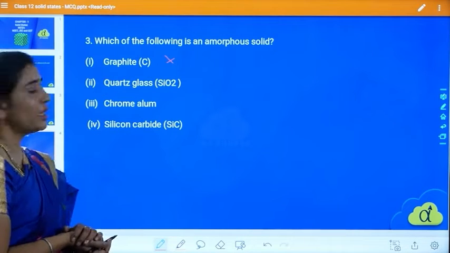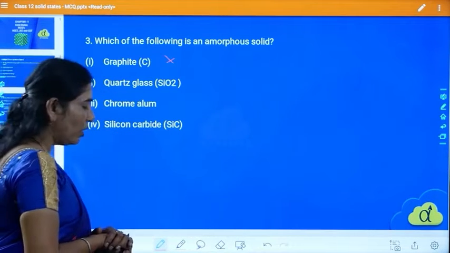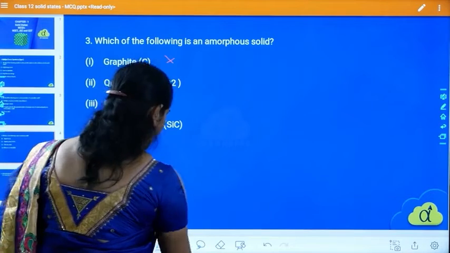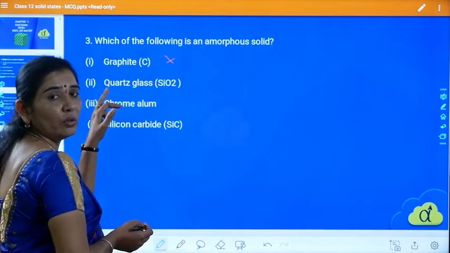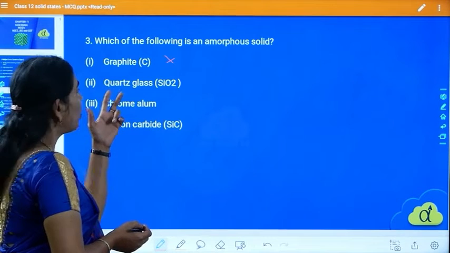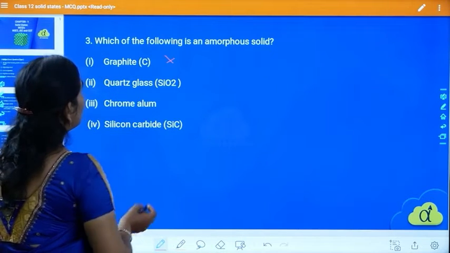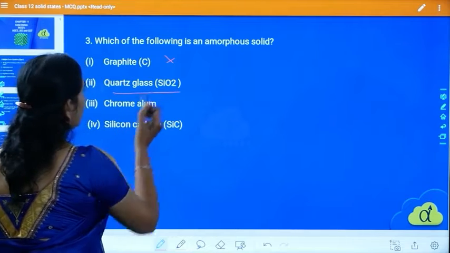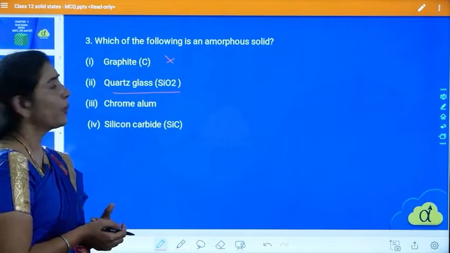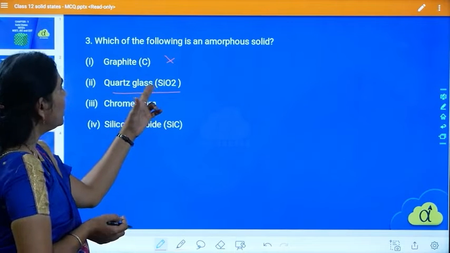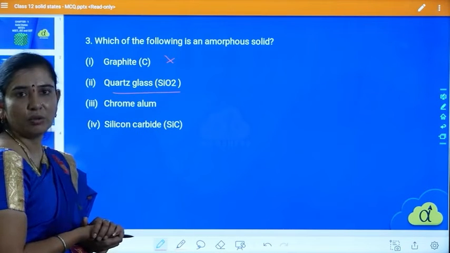Then quartz, SiO2. So what is your answer? SiO2, silicon dioxide. You know very well, in silicon dioxide what type of arrangement you are going to come across. Silicon is tetravalent. In this silicon dioxide, because oxygen is present, it is highly electronegative, so silicon loses electrons and gains positive charge.